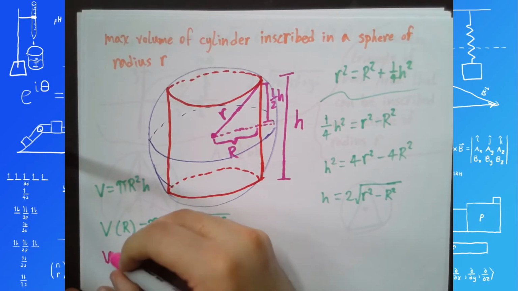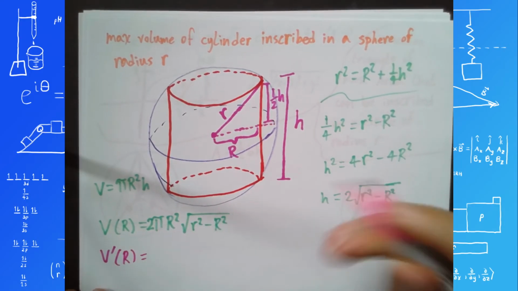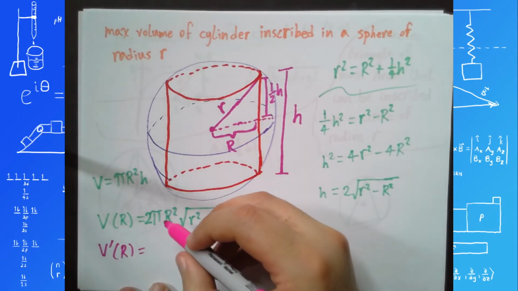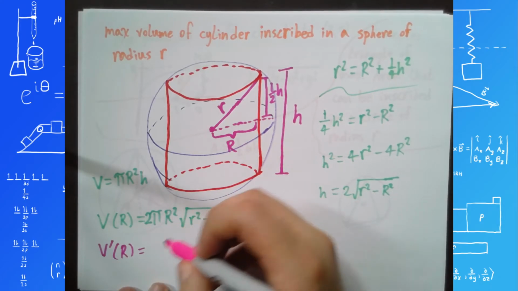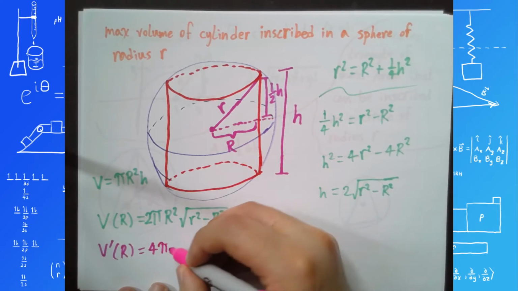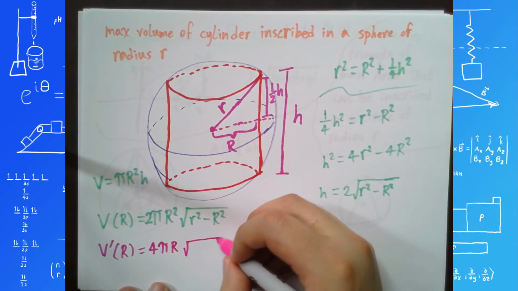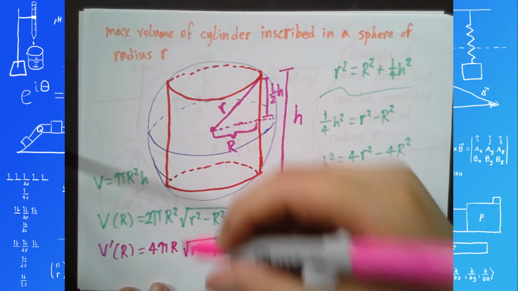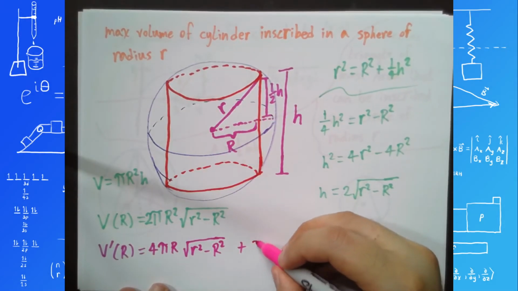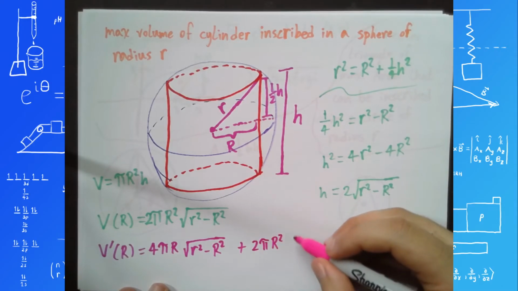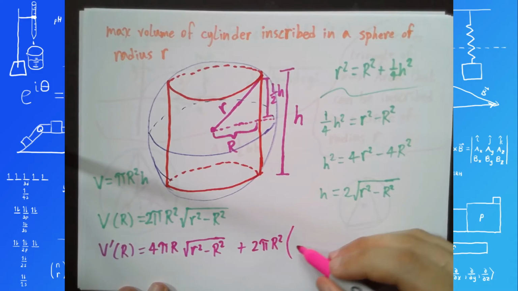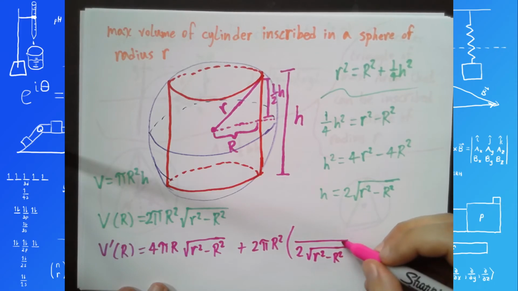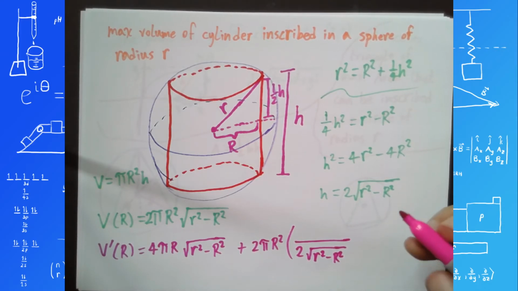So V prime of big R is equal to, this is a product rule, so we've got derivative of the first times the second, so that's just going to be 4 pi big R times the square root of little r squared minus big R squared, plus derivative of the second times the first, so 2 pi big R squared times the derivative of that square root, which is going to be 1/2 times the square root of little r squared minus big R squared, times the derivative of little r squared minus big R squared.